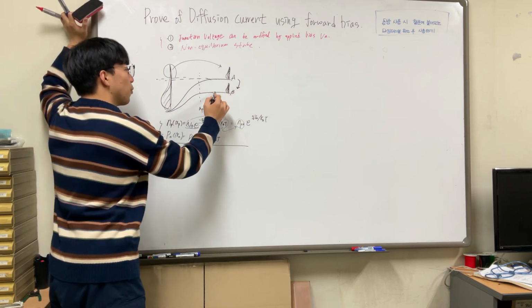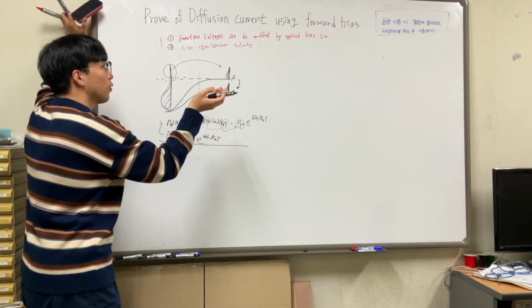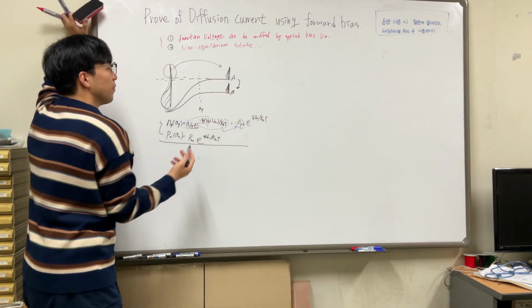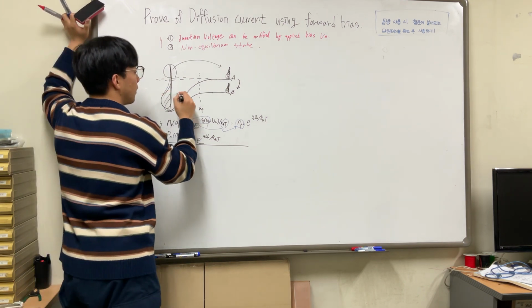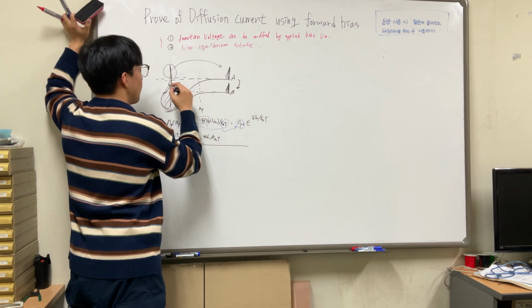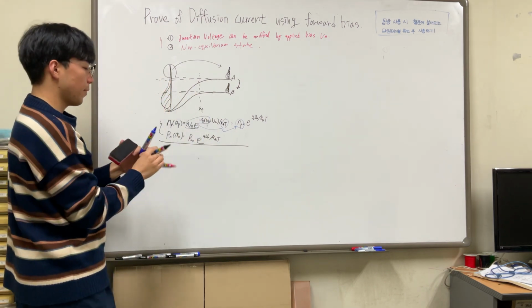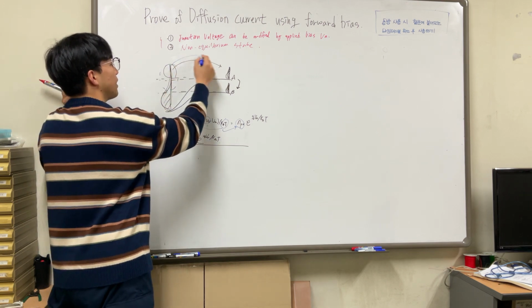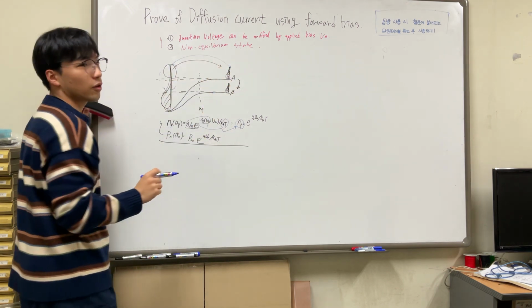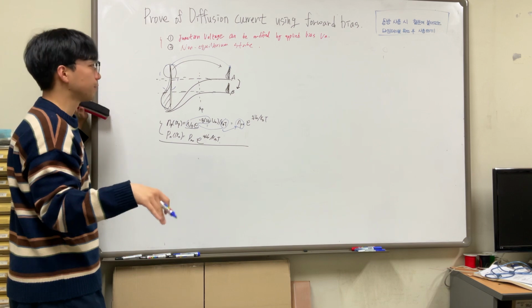But when the forward bias is applied, many electrons can get into the p-type semiconductor.